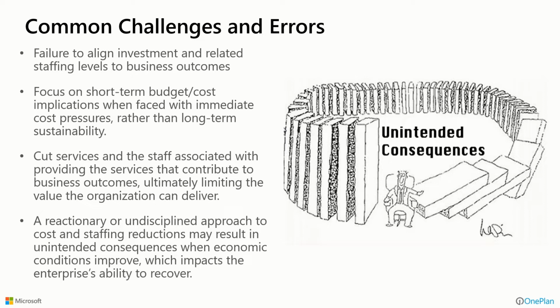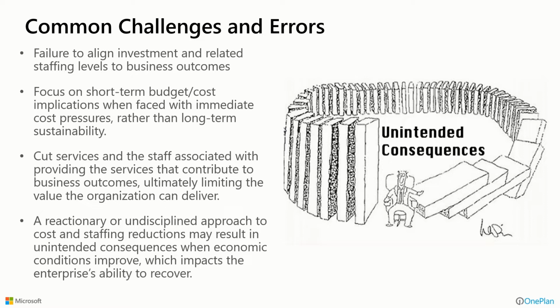Because the crisis or the downturn that we're facing is going to end, and we're going to come out of it. So the question is, are we prepared to take advantage of that when we come out of it? So the focus on just short-term budget and cost implications, rather than long-term sustainability, is something that can bite us later on.